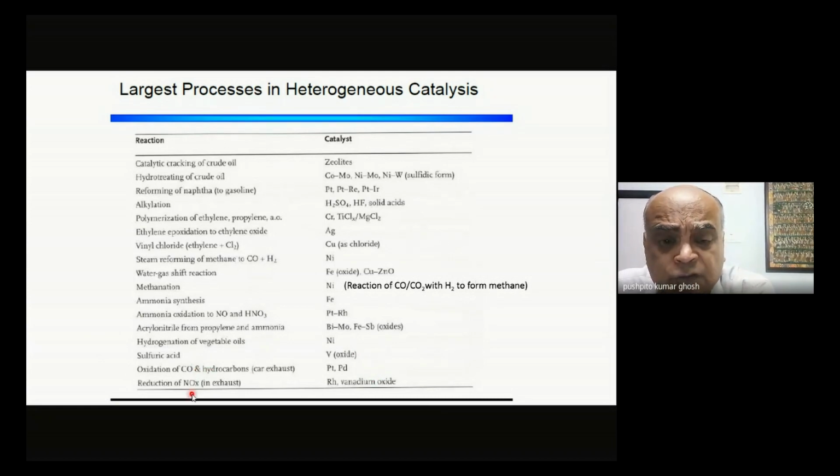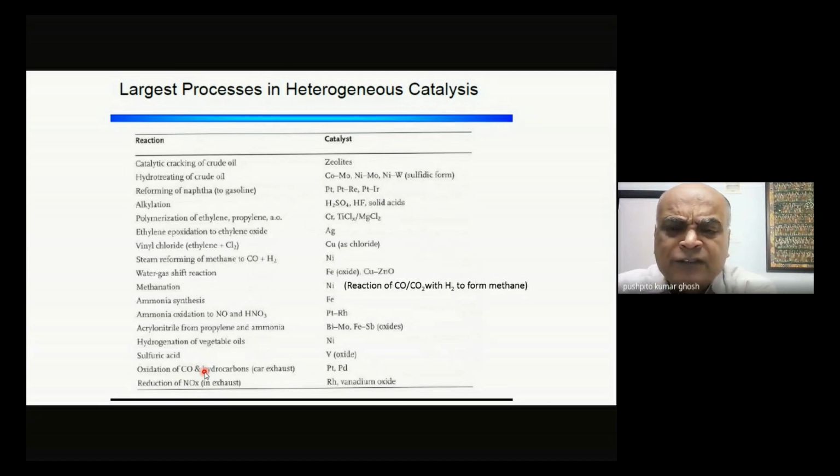And all your vehicular emissions today, which you are trying to contain so that the SOx, NOx, etc. don't get released into the atmosphere. These are the kinds of catalysts which basically take care of it. Either it's converted into nitrogen, or into something very benign. And that's what you do in the car exhaust.